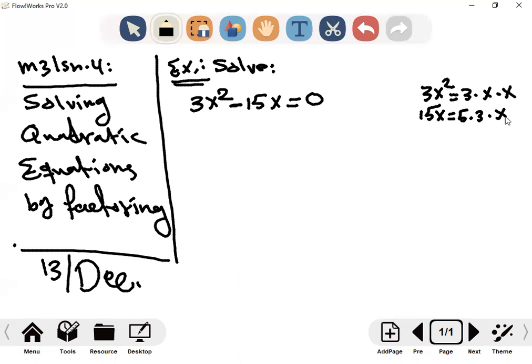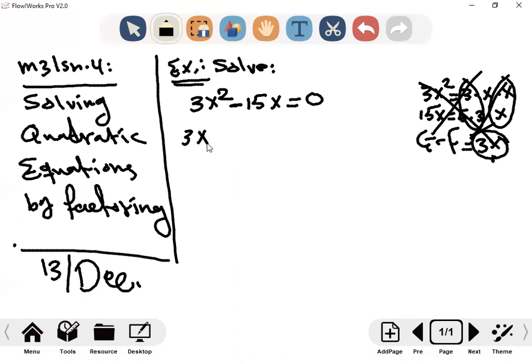Then you choose the common factor: it's 3 and x, so the GCF is 3x. You take it out. I don't need to show the GCF work in the solution. I want the 3x, then open parentheses and put 0.